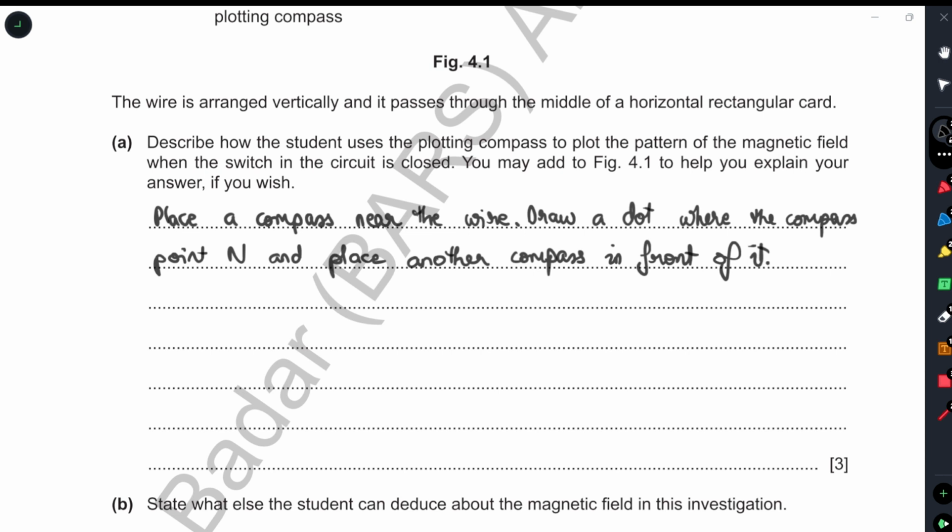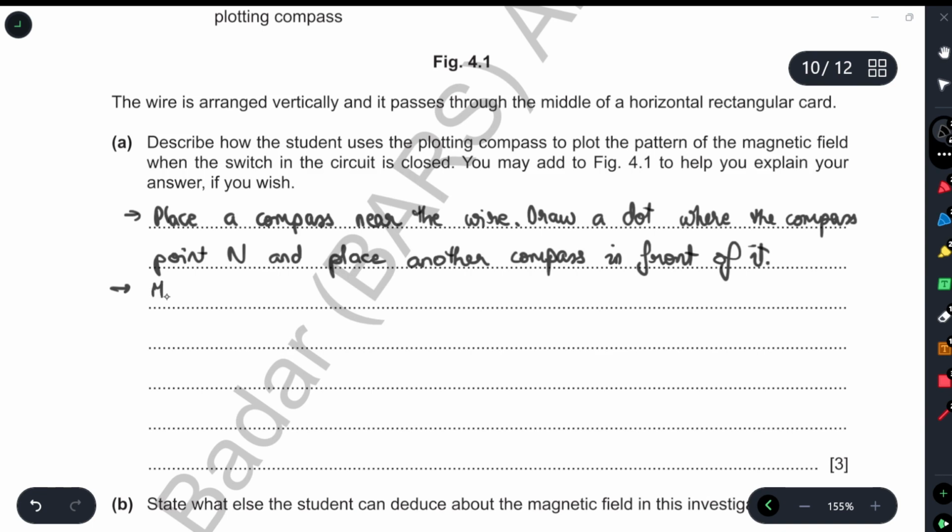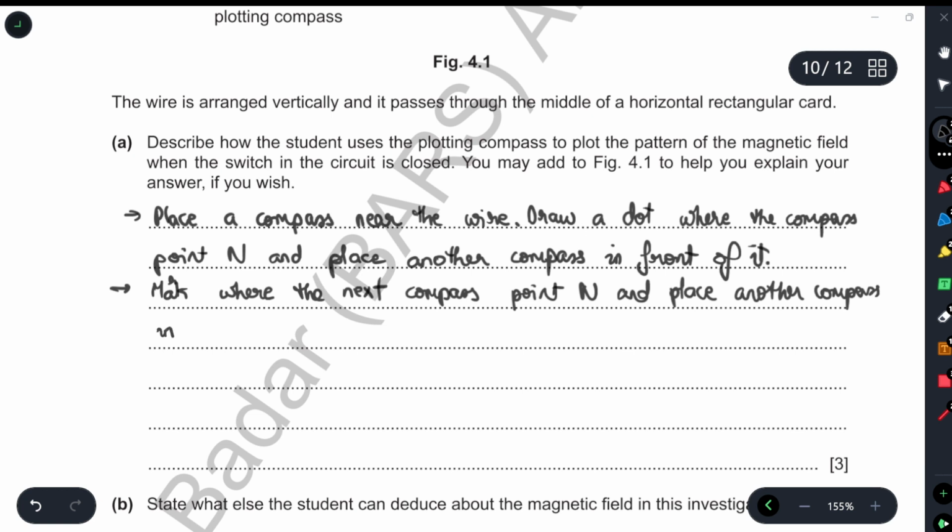And then we say, okay, mark where the next compass points north, and place another compass in front of it.